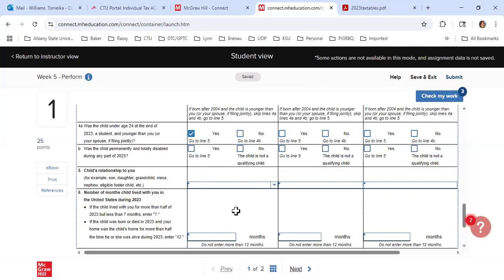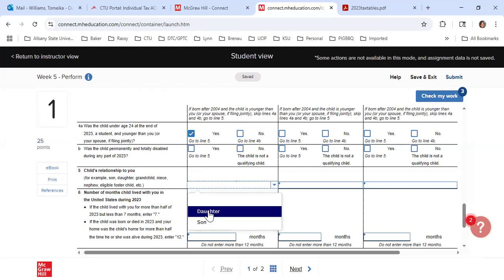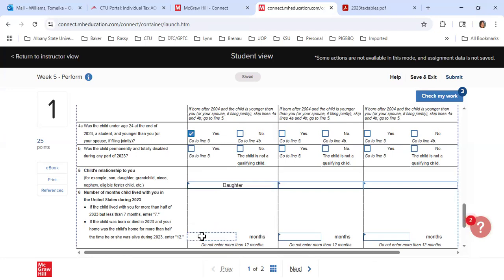Box 5, client's relationship to the taxpayer, is daughter. And lastly, box 6 is asking how many months the dependent lived with the taxpayer. We're going to say 12 months there. All right. Finally, confirm you have this, and then we'll go to the 1040 page 2. Back to the 1040 page 2.